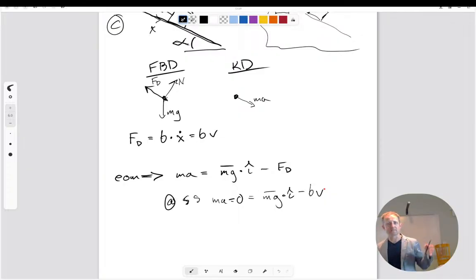Your model's only limited to, if your damper is 30 centimeters long, then really you can only move 30 centimeters. Somehow you'll bottom out. And that's usually what happens in suspension systems. There's some bottoming out. They're only rated to 100 millimeters or 150 millimeters.